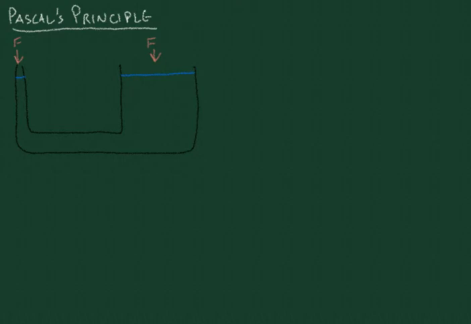Okay, and again, we're going to say that this is in static equilibrium. And so the question is, which side has a greater pressure? So is it going to be the left side or the right side?